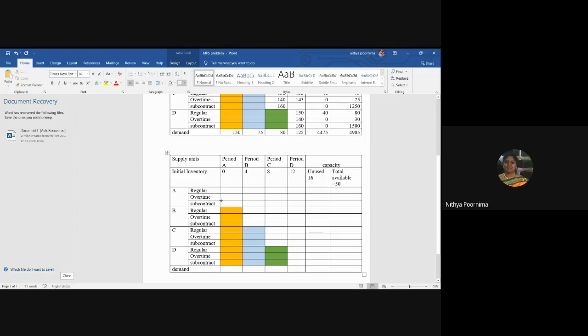Now, for period A, what is the cost that is being given?